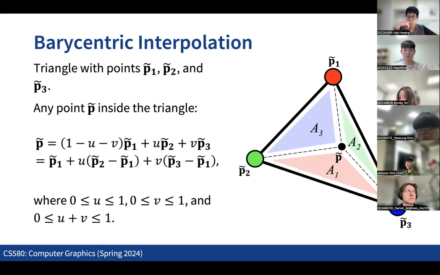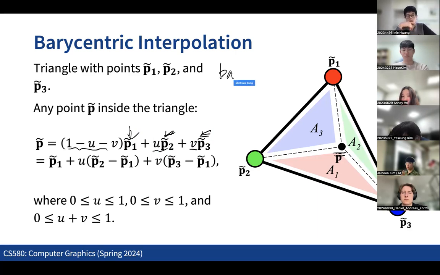Those are the ways that we can define interpolation over the triangle. Any point over the triangle defined with the three vertices is defined based on the three coefficients, the coefficient for each of the vertices. And these three coefficients are called the barycentric coordinates.